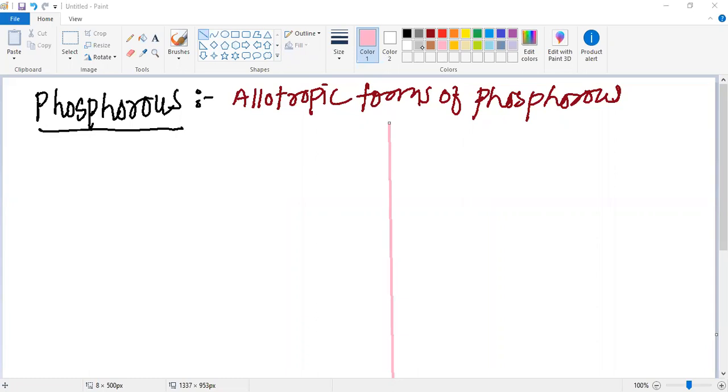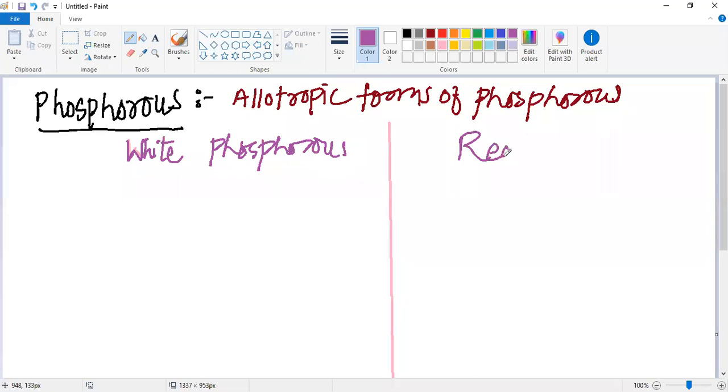The first allotropic form of phosphorus is known as the white phosphorus. We may have white phosphorus, and the another allotropic form that we want to study is known as the red phosphorus.